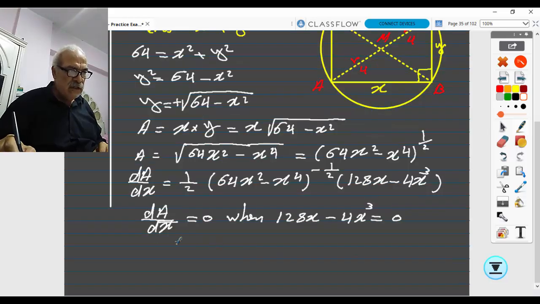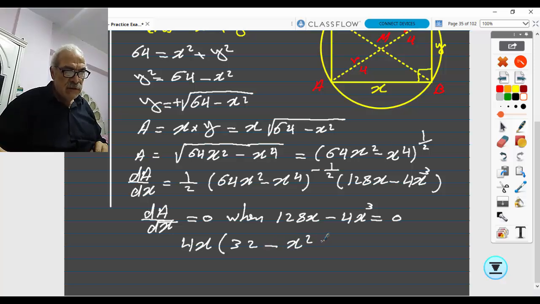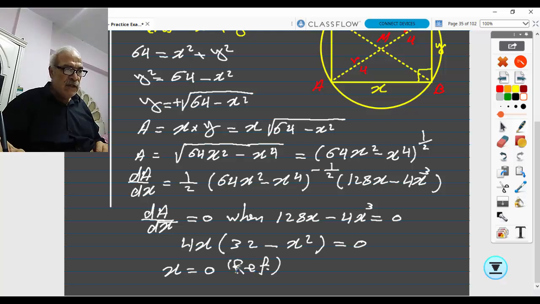By taking 4x as a common factor, we have 4x multiply 32 minus x squared, since 128 divided by 4 equals 32, and 4x power 3 divided by 4x equals x squared. It equals 0. Of course, x equals 0 is refused because x, the length of AB, can't be 0.